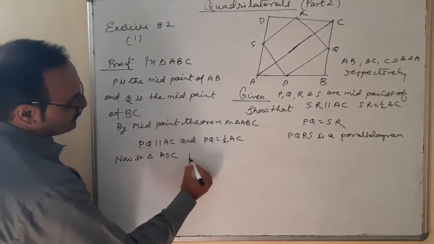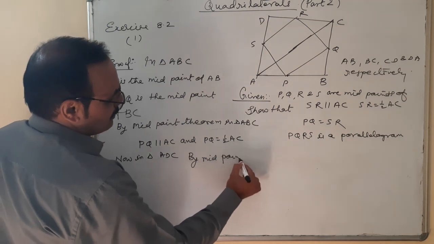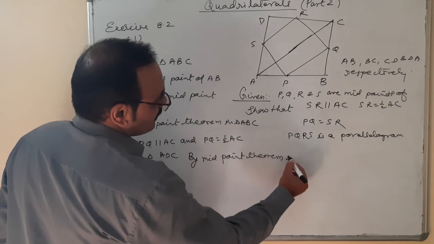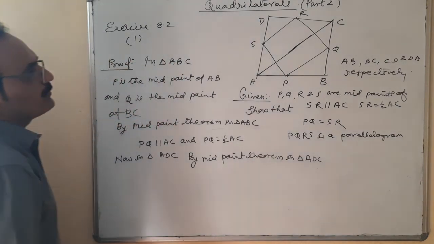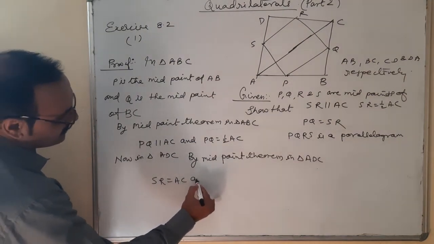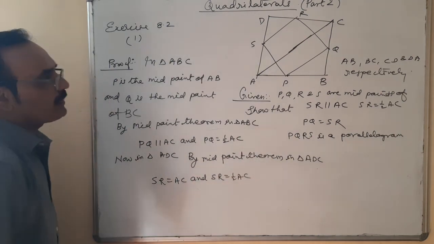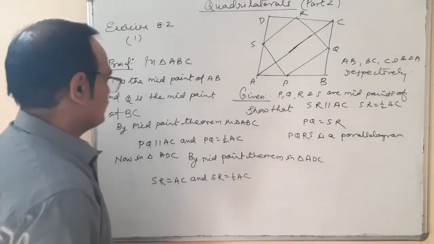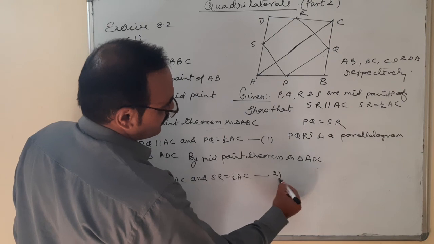So again by midpoint theorem in triangle ADC, SR is parallel to AC and SR is equal to 1 upon 2 AC. Let this be equation number 1 and this equation number 2.